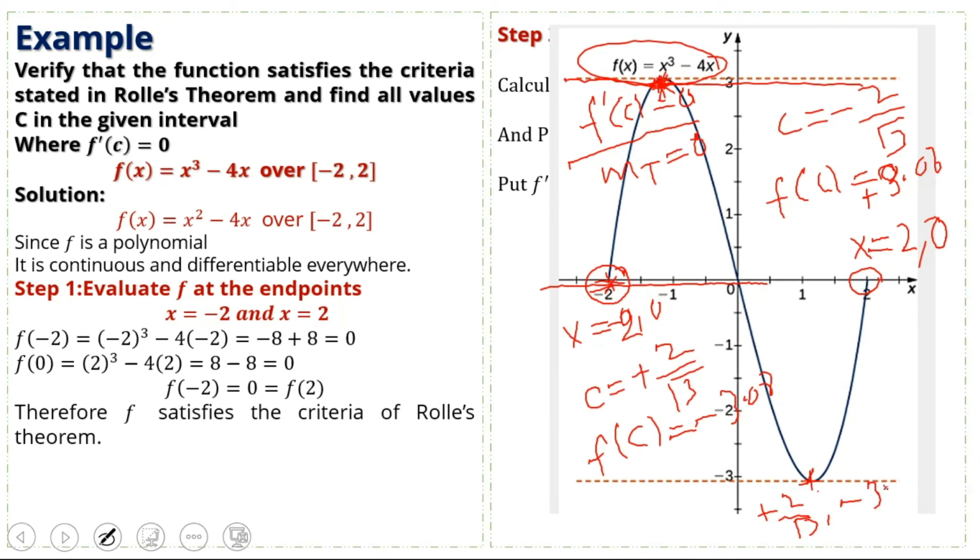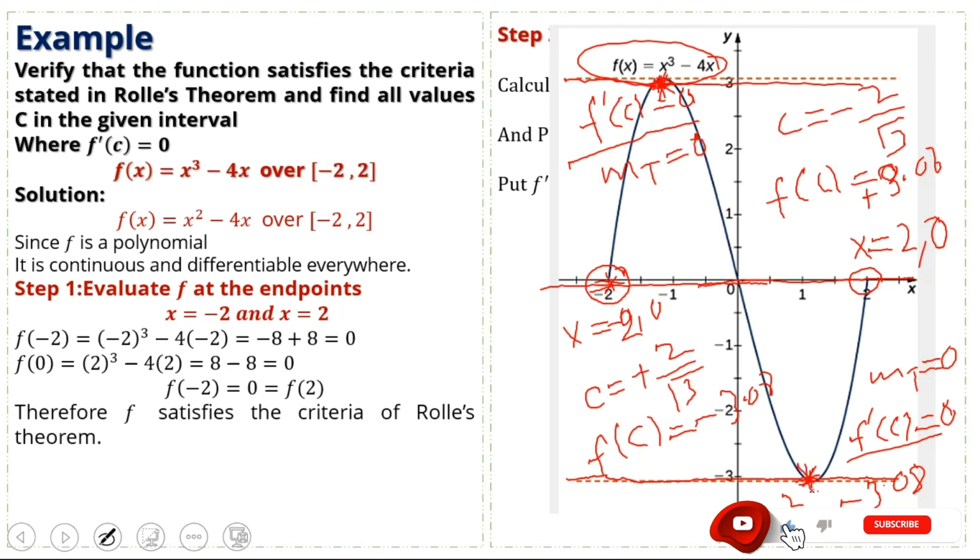At this point the derivative of the function is 0, which means the slope of the tangent line is 0, so the tangent line is parallel to the x-axis, and at this point we have the absolute minimum.